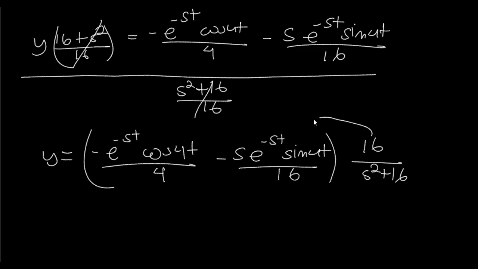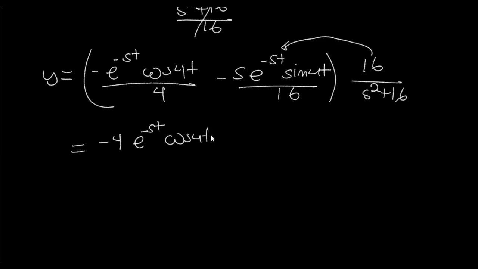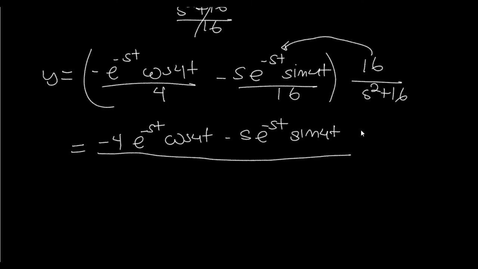So, pag dinistribute natin yan sa loob, dun sa first expression, makakancel yung 4 sa denominator, may matitirang 4 sa taas. So, magiging negative 4 e to the negative st cosine 4t. Sa 16, may makakancel din dito. S e to the negative st sine 4t divided by s squared plus 16. Yan.